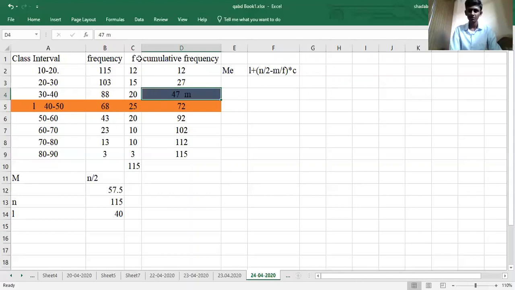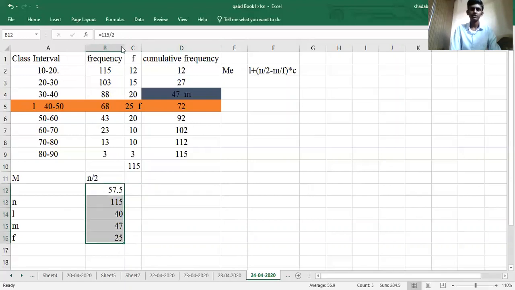Where is the frequency? 25 will be your F. I will write here M is 47, F is 25. Hope you understand this one.